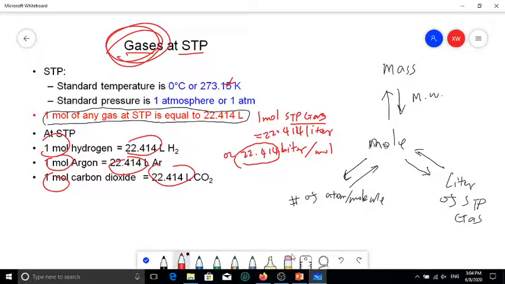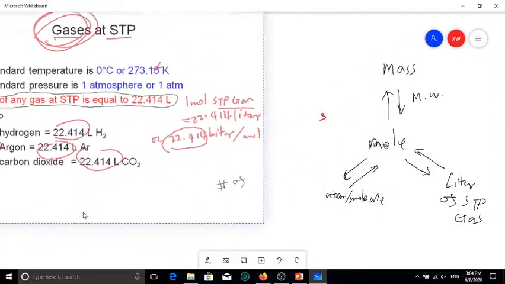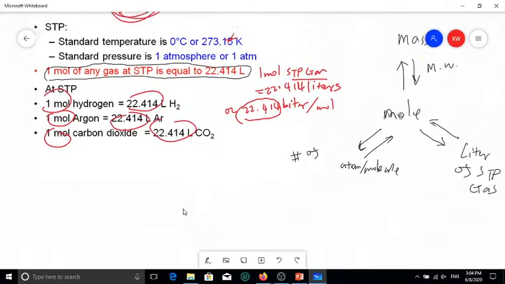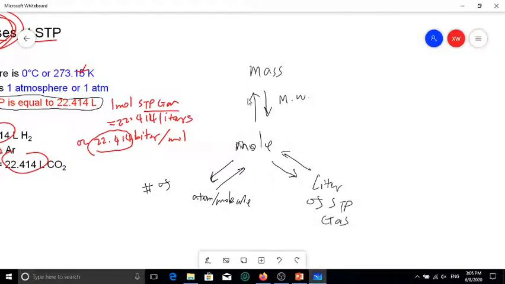Now let's take a look at this using this flow chart to deal with more different problems. By looking at this flow chart, one thing that's very clear is that if you have any dimension, either you have grams, you can go from mass to liters, or you can go from liters to number of molecules, molecules to grams.